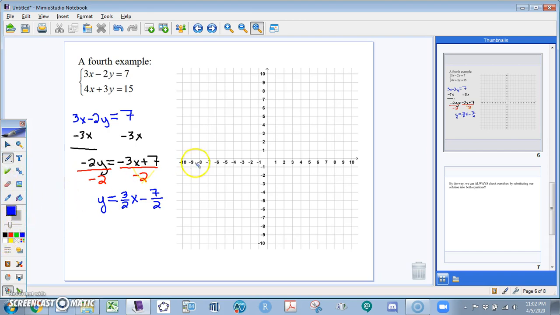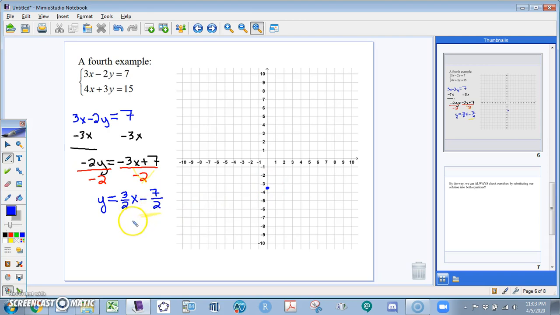It's going to take a little bit more work. Our slope is 3/2, so that's a positive slope. Our line is going to go up to the right as we move from left to right. Our y-intercept on this one is negative 7/2. That is negative 3.5. So here's negative 3.5.